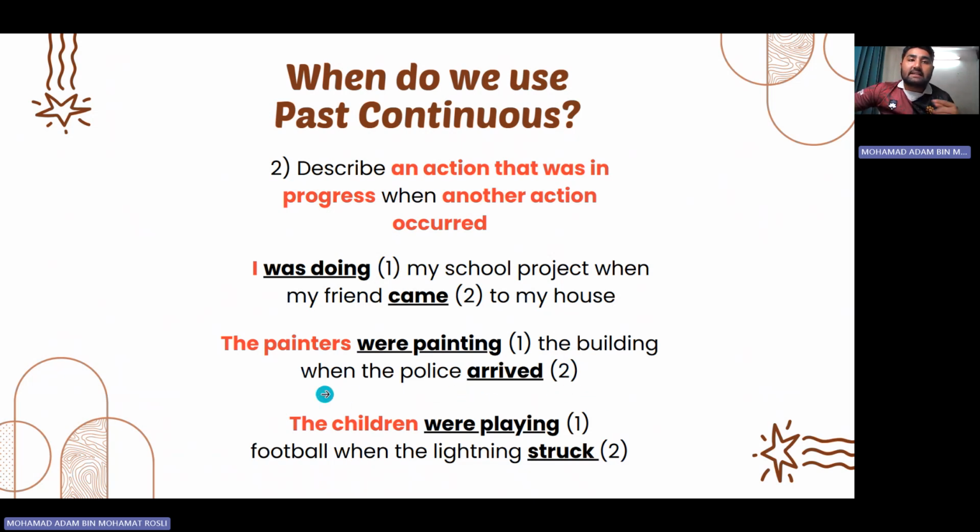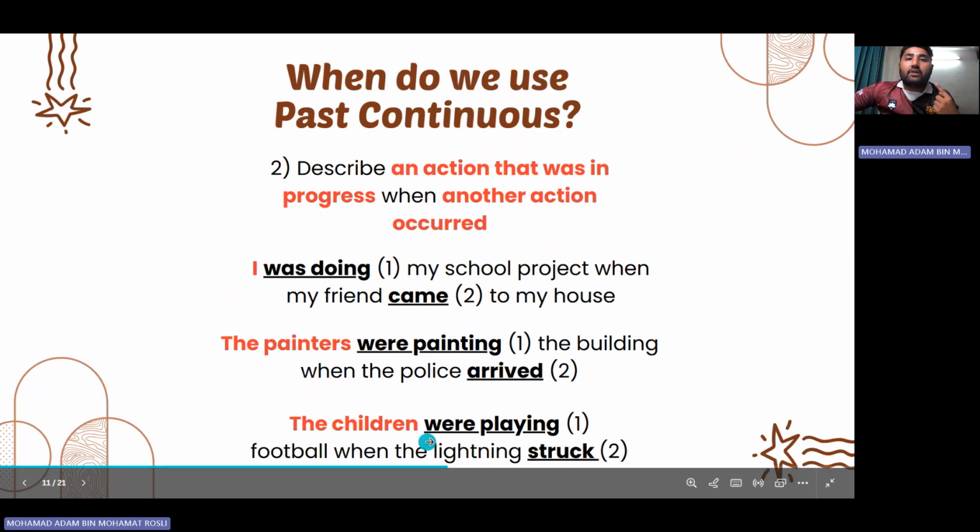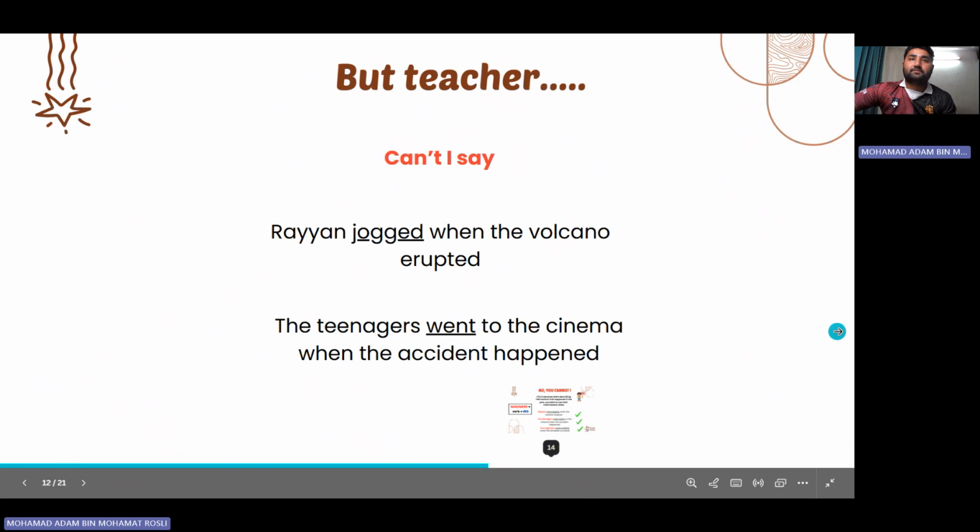Okay, so for the last example, the children were playing football when the lightning struck. So the children were playing football. It is the first activity, and the children here is a plural subject. So we use were. And the children were playing football is the first activity, and then the lightning struck. Another activity takes place.